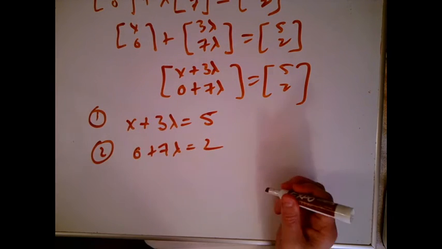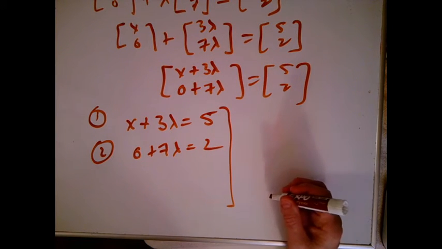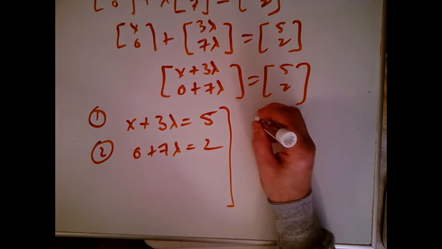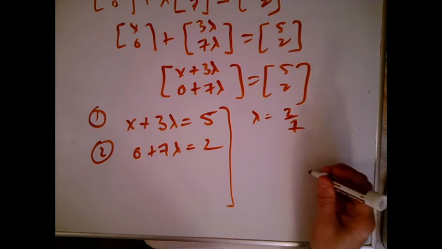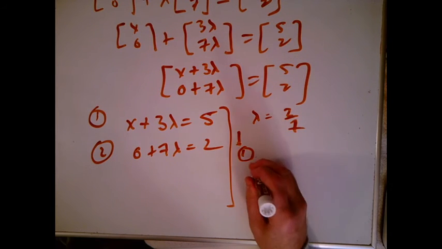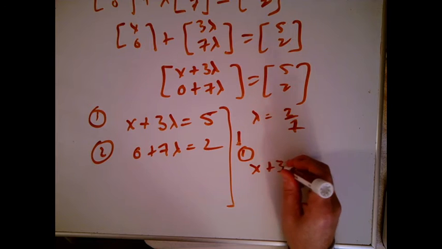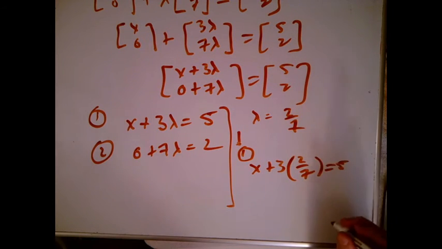We can solve this any way we want to. I think treating this like a system of equations from linear algebra is probably overkill. I'm just going to solve the second one for lambda. I'm going to get lambda equals 2/7. I'm going to plug that back into equation 1, and I'm going to get x plus 3 times 2/7 equals 5.